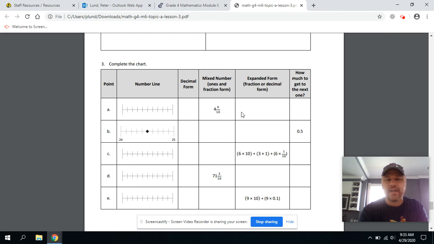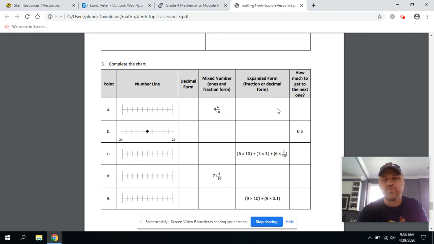So we would say in parentheses 4 times 1, because there's 4 ones. And then plus 6 times 1 tenth, just like it shows down here, because we have 6 tenths again.